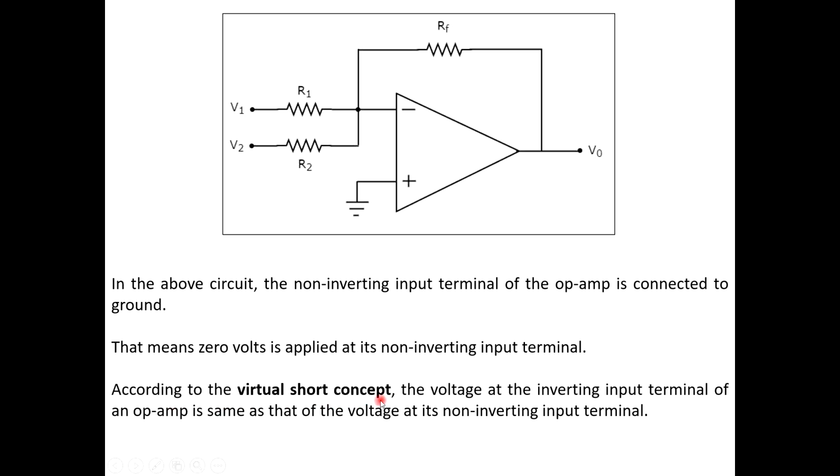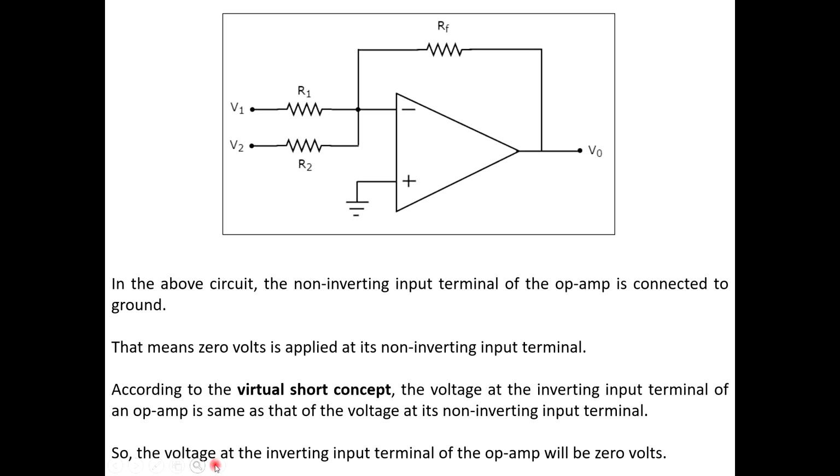According to the virtual short concept, the voltage at the inverting input terminal of the op-amp is the same as the voltage at the non-inverting input terminal. So what is the voltage at the non-inverting input terminal? It is ground, or 0. The same voltage will appear at the inverting terminal also. So the voltage at the inverting input terminal of the op-amp will be 0 volts because it is grounded.